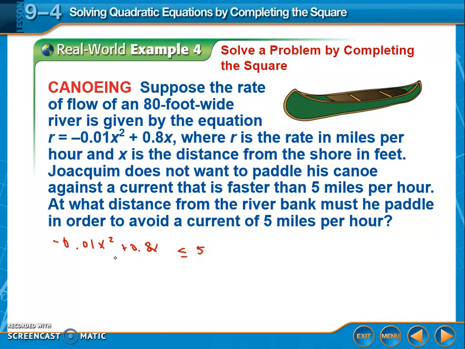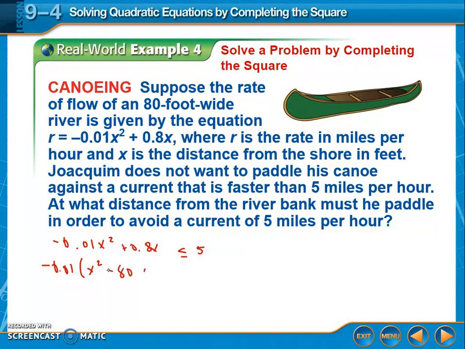So the first thing I need to do in solving this by completing the square is to get rid of this 0.01. So I'm going to divide out negative 0.01. If I pull that out, I'm left with x squared, 0.8 divided by negative 0.01 gives negative 80.